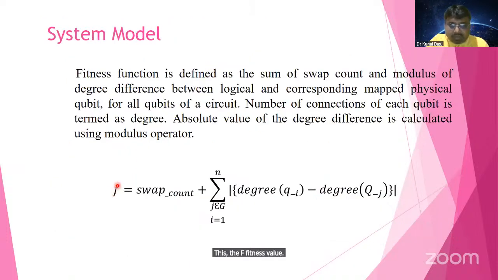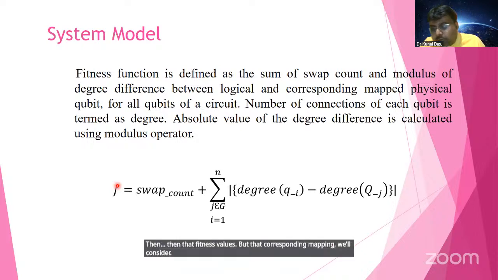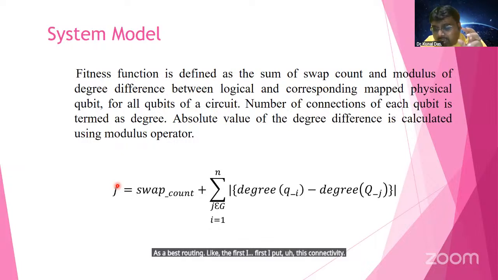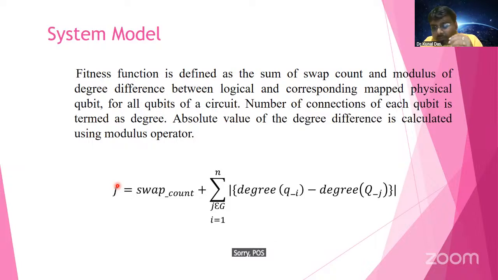If the fitness value is minimum, then the corresponding mapping we will consider as the best routing, right? So first I put this connectivity. Then the verification is done to check whether the SOP, POS giving my result is optimal or not.